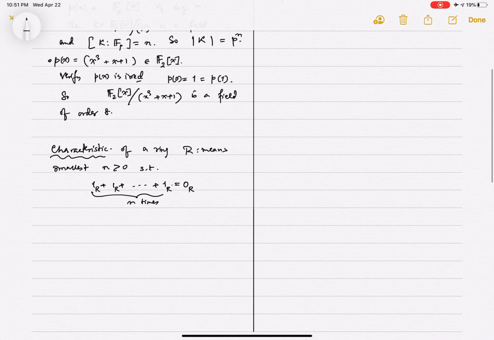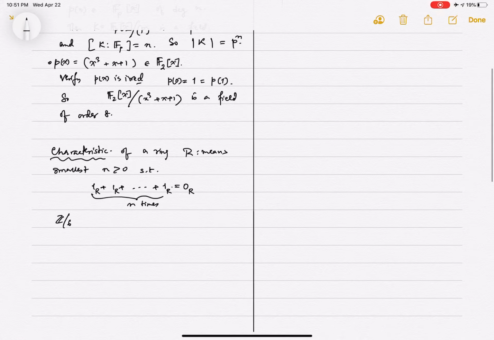Yeah. So Z mod 6 has characteristic 6, whereas Z has characteristic, we should say infinity, but somehow one says characteristic 0. So when this doesn't happen, then we say characteristic 0. Okay.